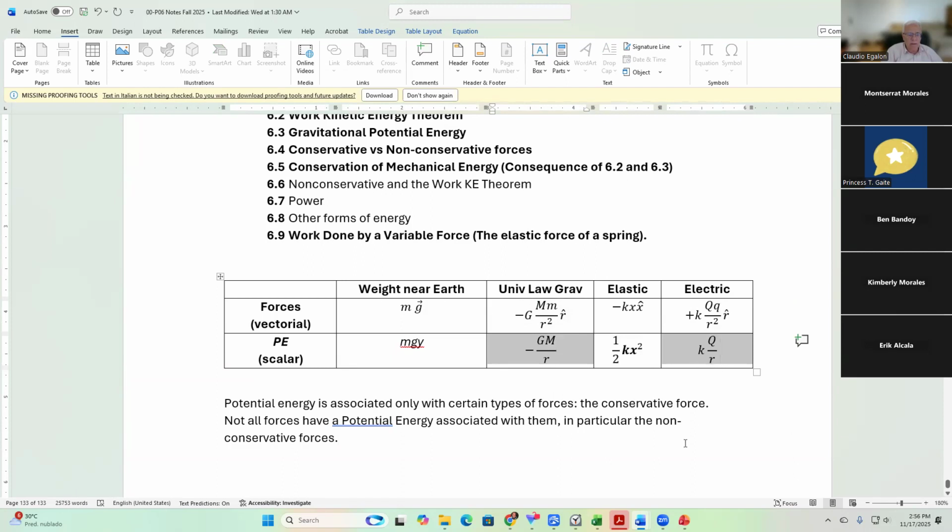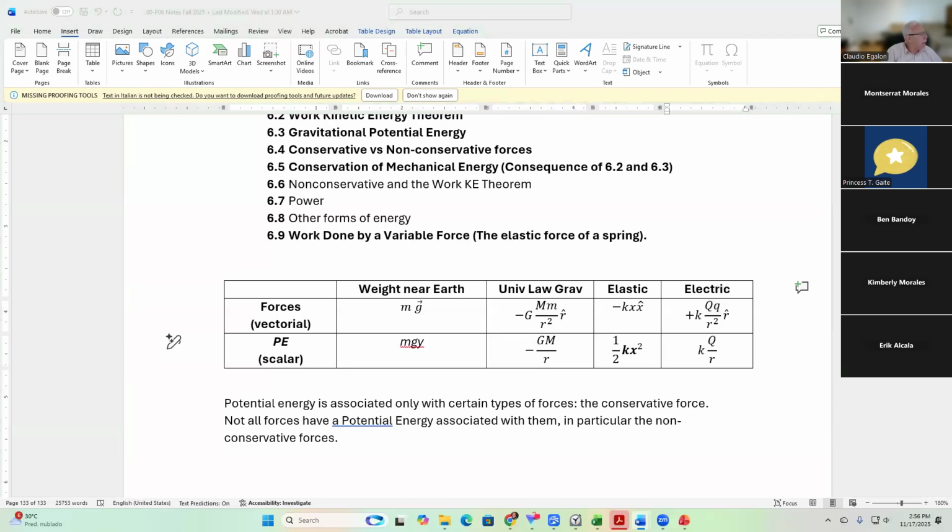The only difference is in the sign. But you know, this potential energy we're going to cover in more detail in Physics 7.